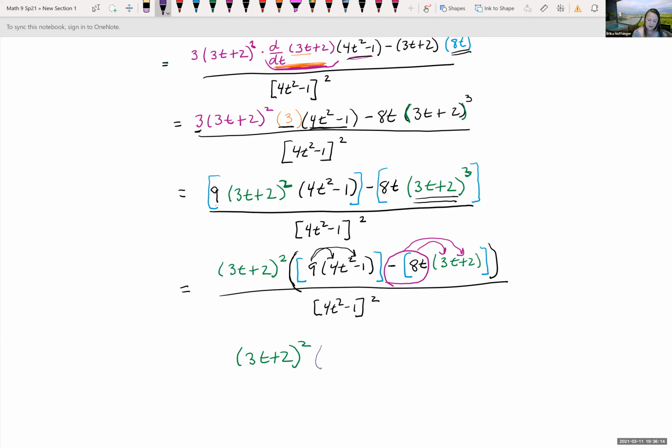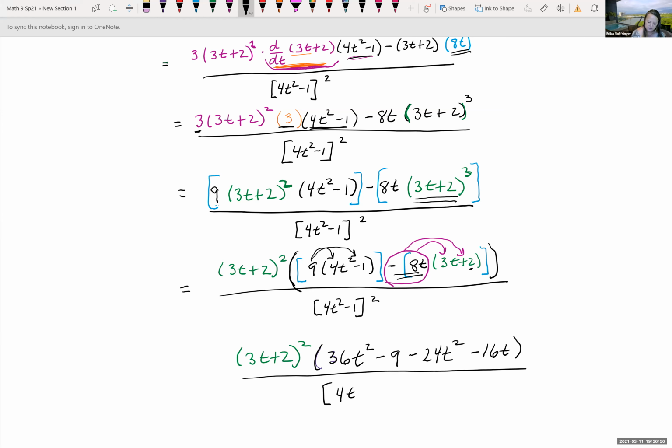And then we have 9 times 4t squared, which is 36t squared. Nine times negative 1, that gives me minus 9. And then let's distribute the negative 8t to the 3t, that gives me minus 24t squared. And negative 8t times this 2 gives me minus 16t. This is all over 4t squared minus 1 quantity squared.